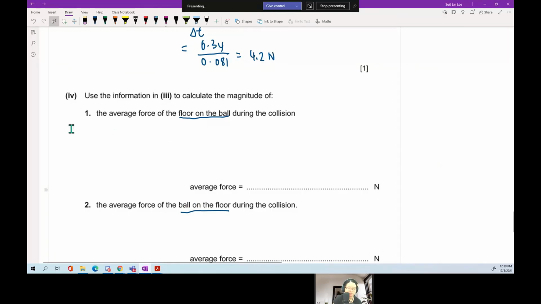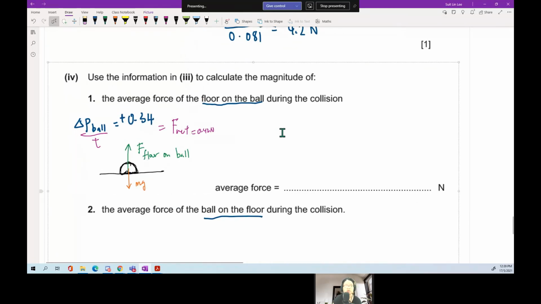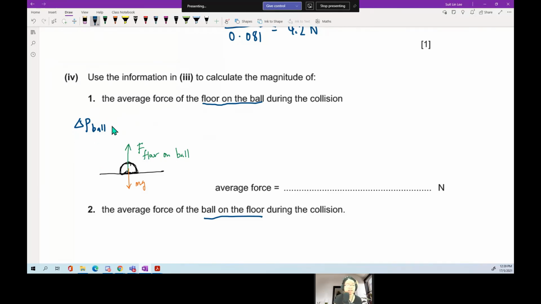Right, so here's our story. This change in momentum of the ball is the one that gives rise to our net force, the net force experienced by the ball. The force on the ball during the collision by the floor on ball is this one. So net force is equal to F floor on ball minus mg.